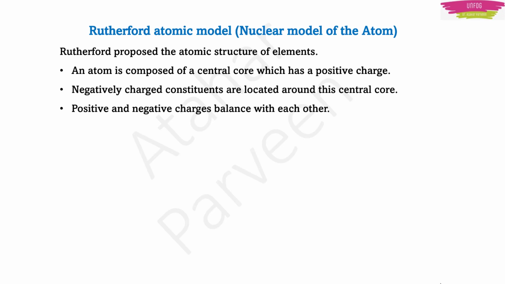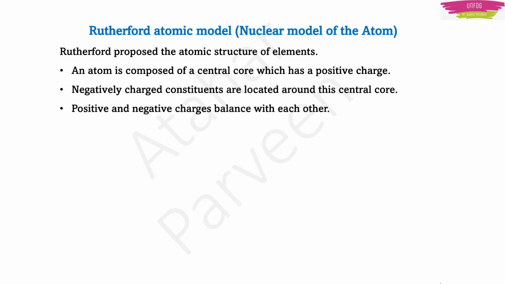The next point was that negatively charged constituents are located around this central core. They are giving some idea about electrons which are present around the nucleus. And they also told that positive and negative charges balance with each other. So these are the three important points given by Rutherford's team in Rutherford's atomic model.